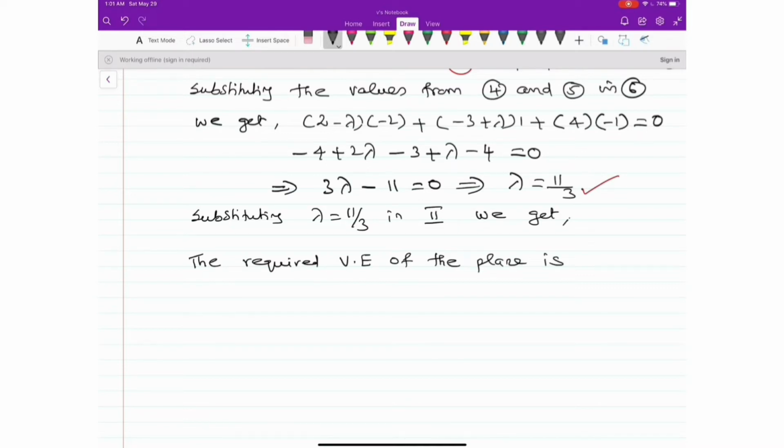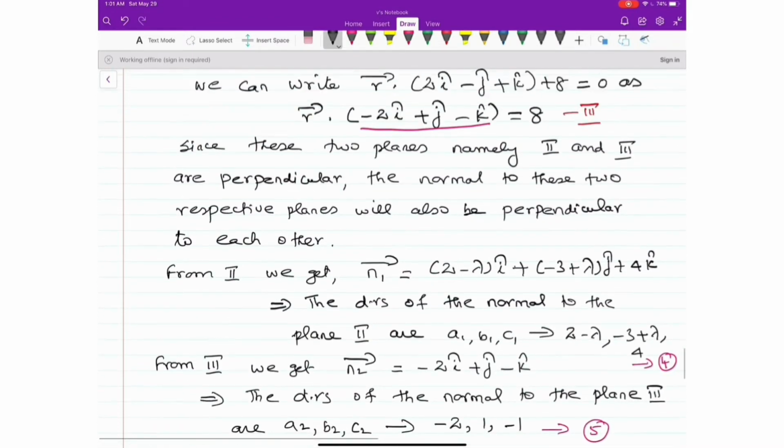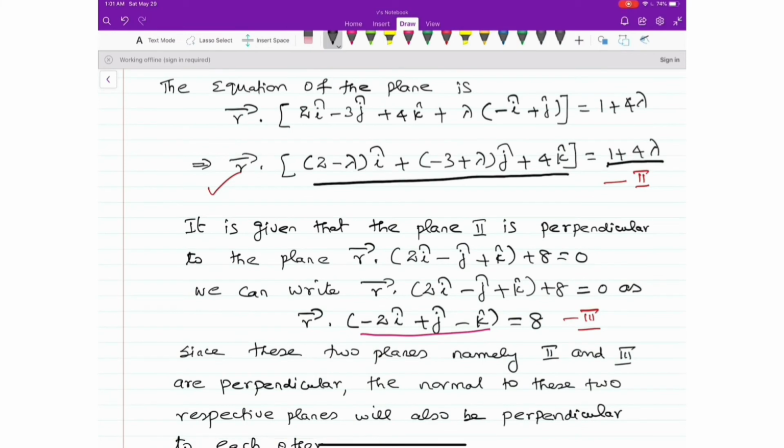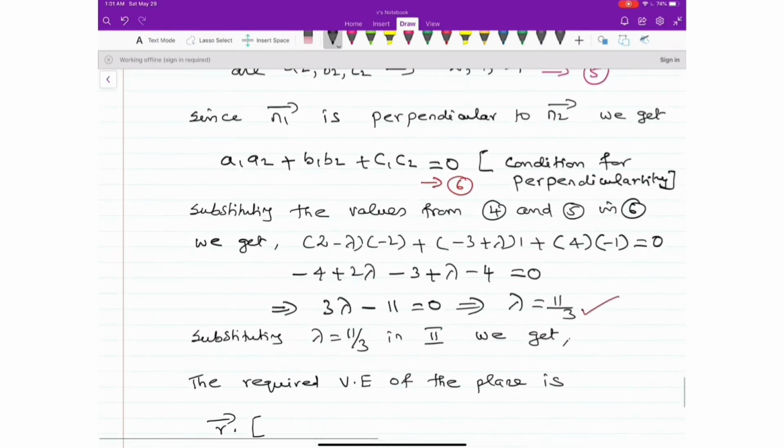now substitute r vector dot, see here, (2 minus lambda) into i cap.